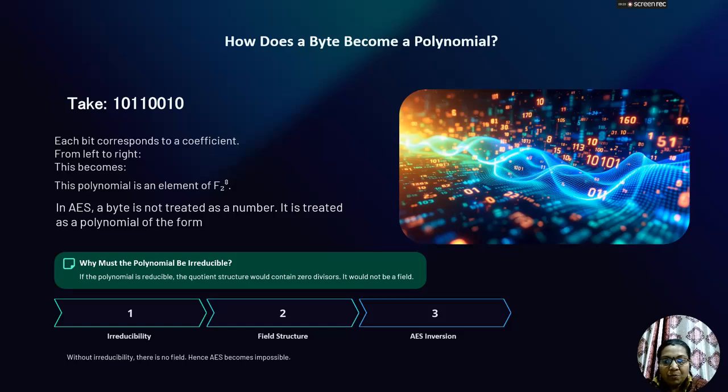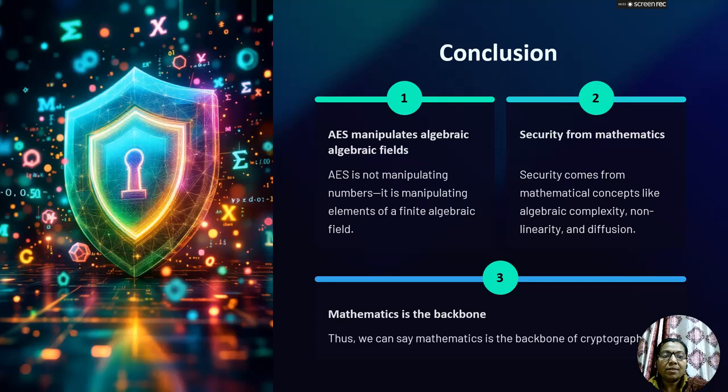Without irreducibility, there is no field, so AES becomes impossible. So in this way, in AES, a byte is not treated as a number, it is treated as a polynomial and it has a definite form. Based upon all these things, AES uses binary numbers, which can be applied in encoding as well as in decoding.